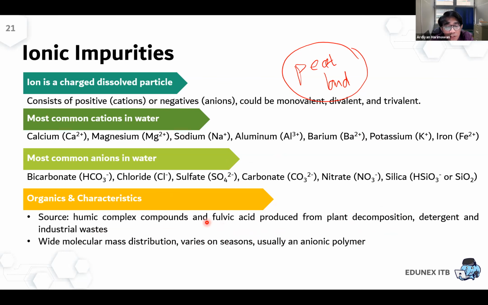So if an industry is located in the peatland area and wants to use the water, and the water has low pH and a brown color, they require certain processes to treat the water.